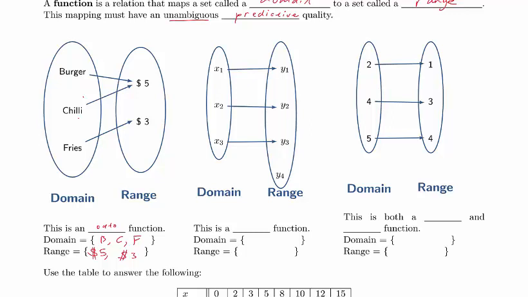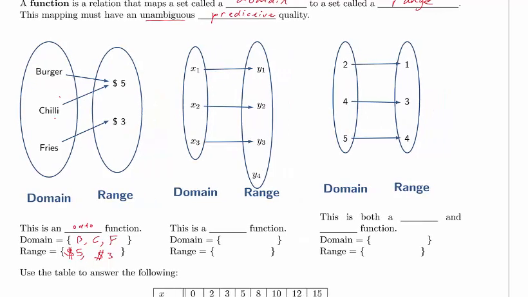Okay, now we're going to go to this guy here. This is a one-to-one function. All right. So note that for every element in the range, that is mapped, it has only one element in the domain going to it, right? So in this one, for it to be one-to-one, there is a predictive quality going in the other direction.